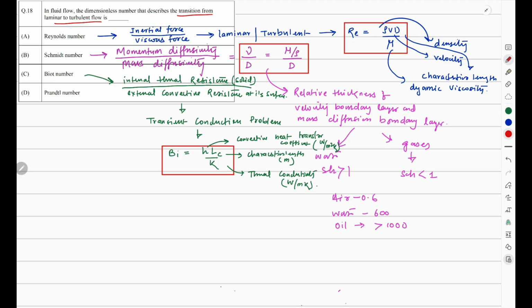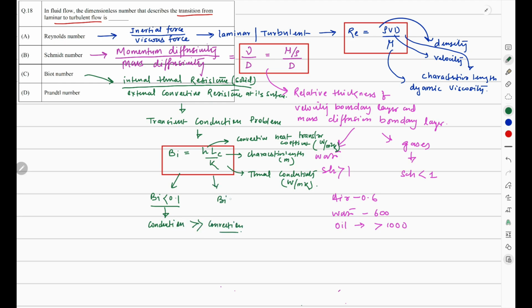For practical application, if Biot number is less than 0.1, that means the conduction inside the solid is much faster than convection outside. So conduction is much faster than convection.